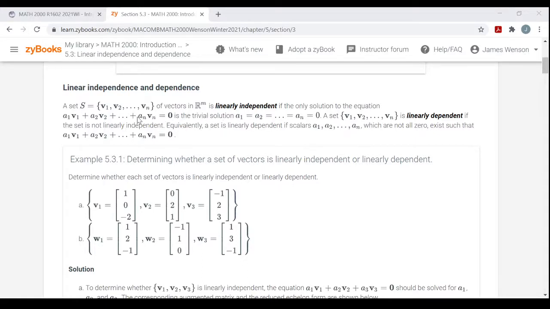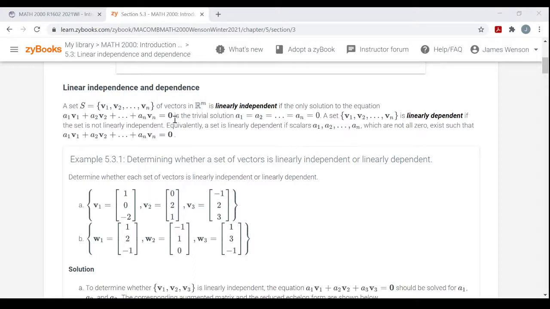Because remember, if I set this equation up, this is going to give me a homogeneous system where a1, a2, and an are the unknowns. And remember, every homogeneous system has at least the trivial solution, where all the values of the unknowns are 0.